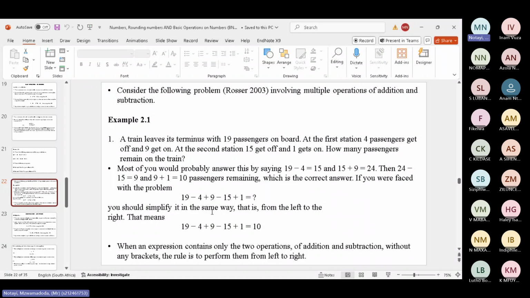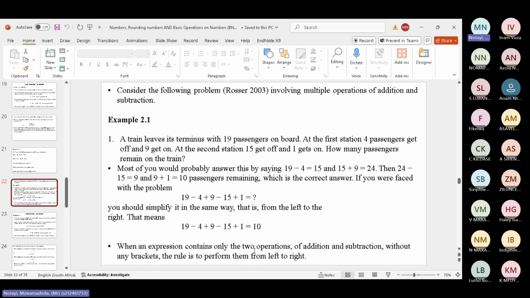You can write the whole statement in one line, as an expression: 19 minus 4 plus 9 minus 15 plus 1. And then perform your operations from left to right. That means you will start with the subtraction of 4 from 19, and then you get that answer. And then add 9. From that answer, you subtract 15. And then lastly, from your answer, you add 1. It will give you 10.